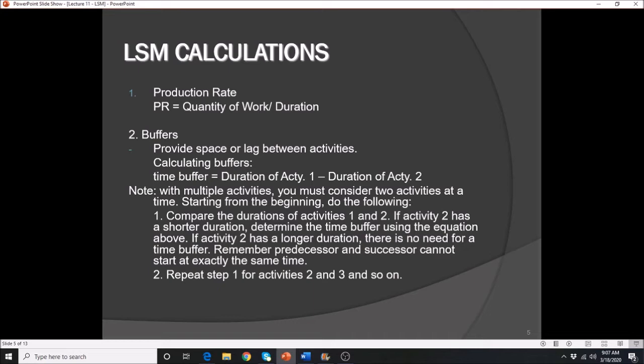Why is that? Well, the purpose of the buffer is to eliminate any inefficiencies in your resources, because if you bring in your resources sooner, a particular activity may catch up with the previous activity, and we will make our workers sit down or wait, and that becomes inefficient.